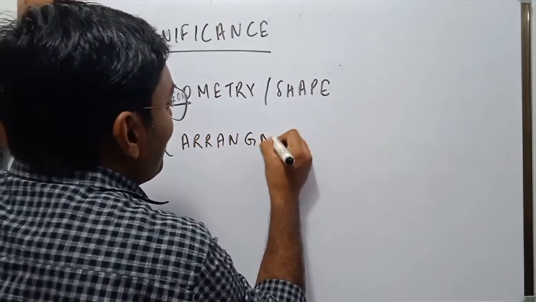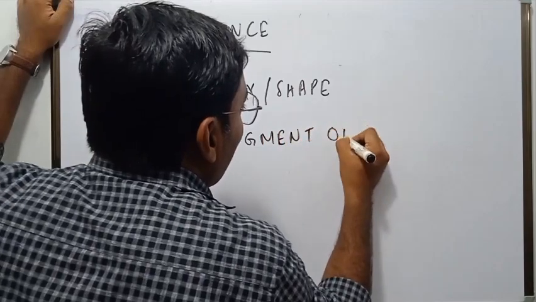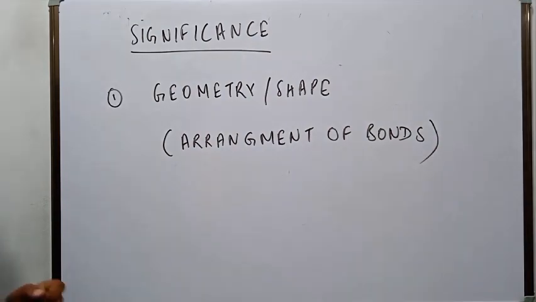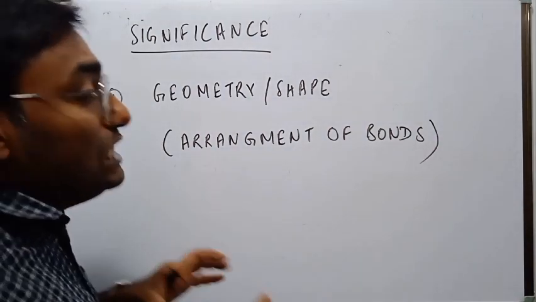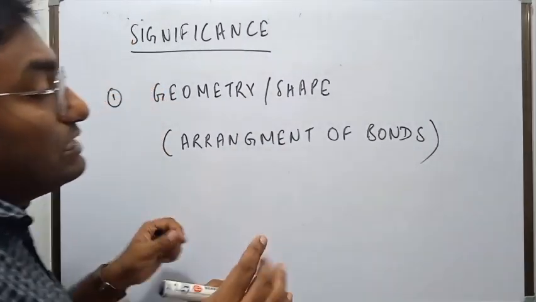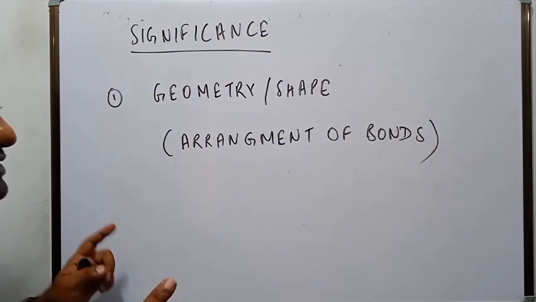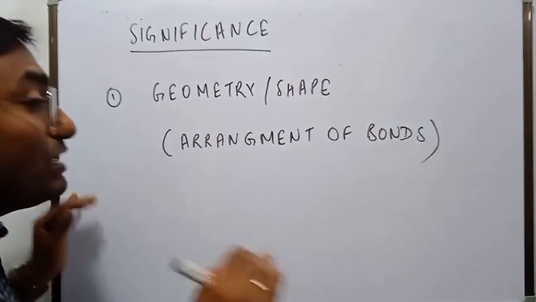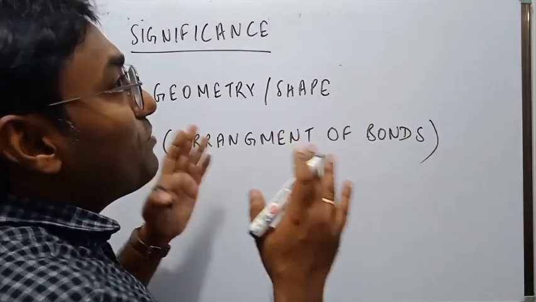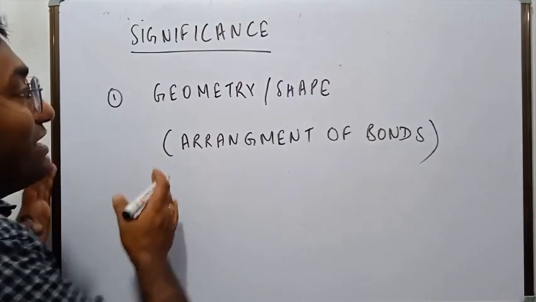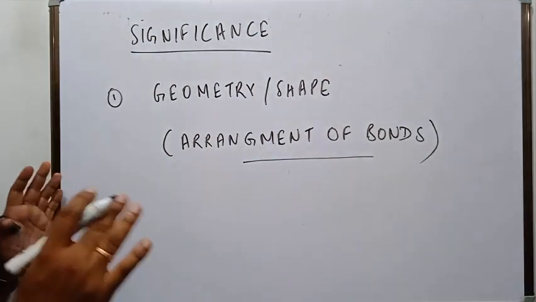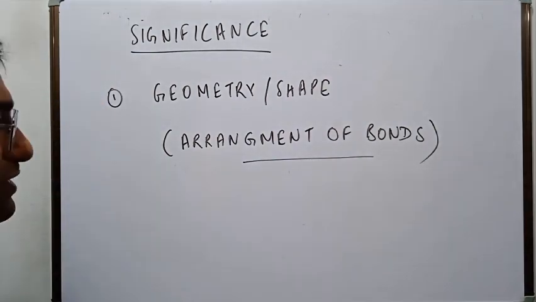We already discussed that if the dipole moment is 0, even though it has a number of multiple bonds, that means the shape of the molecule is not permitting it. We have seen that dipole moment is 0 for linear molecules and for tetrahedral shape. So if we get a dipole moment of 0, then our molecule may be linear or tetrahedral in shape. Also we get to know about the arrangement of the bonds, how they are arranged.